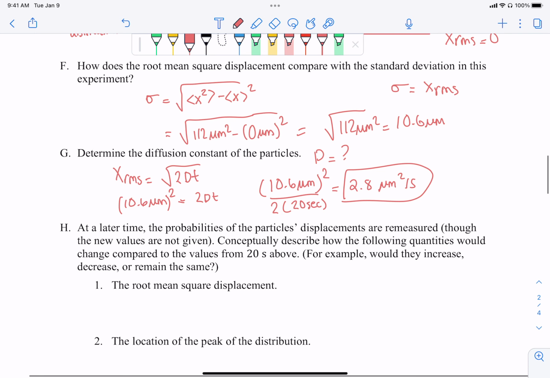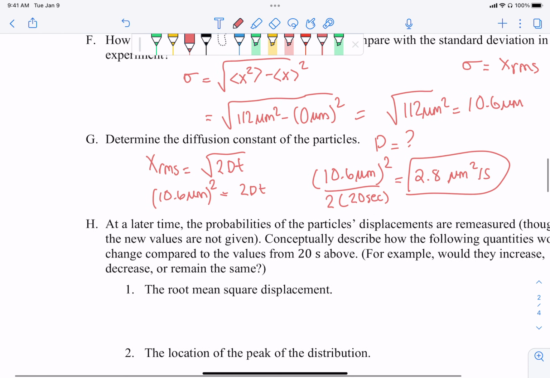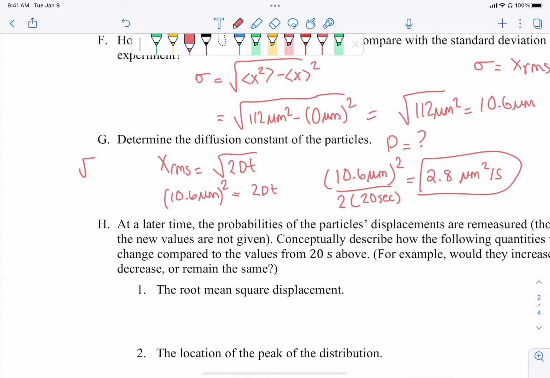The reason it gets a little bit iffy for 2D and 3D is that I was unsure if you could extrapolate, because once you get to root 6Dt, this t isn't the amount of time it takes for a single molecule to move.